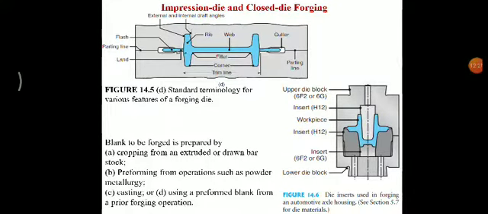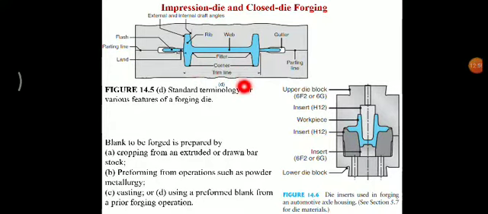Here two dies are there, one is a bottom die and one is a top die. This blue colored part is the workpiece material. Now see the design of this die properly, and see the design of this closed die forging. It's a closed die forging process, and it's an impression die forging process.